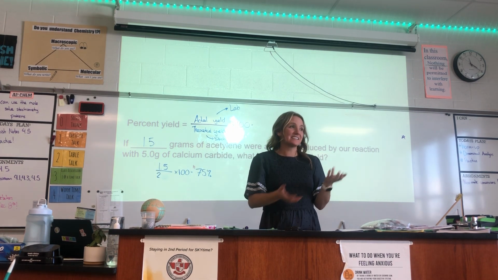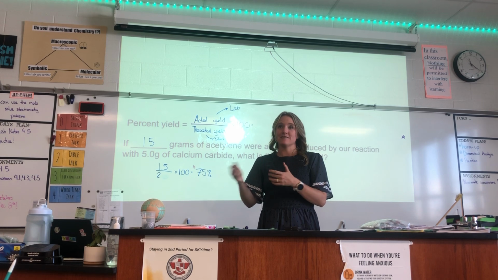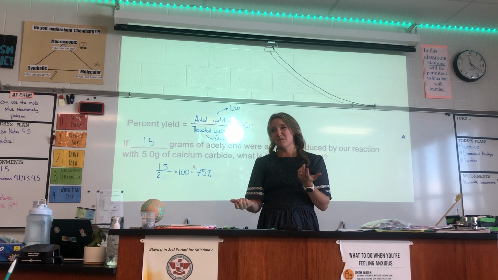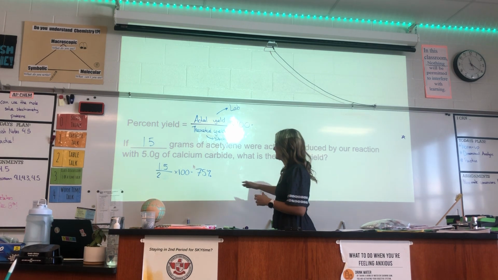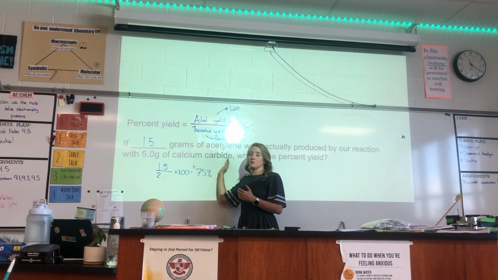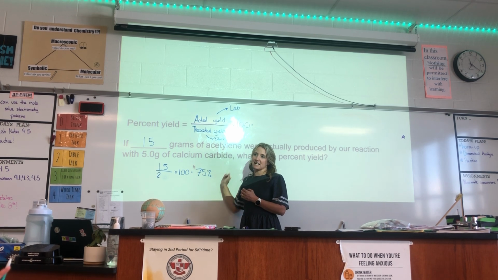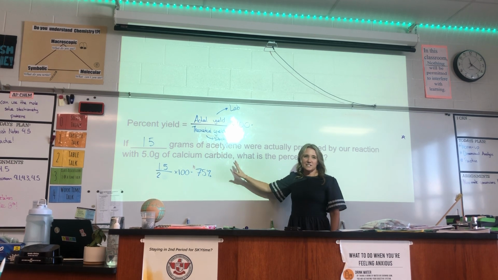If you were a production company, you'd want to maximize this because that's going to save you money. So, questions on how to do it, but also what it represents.